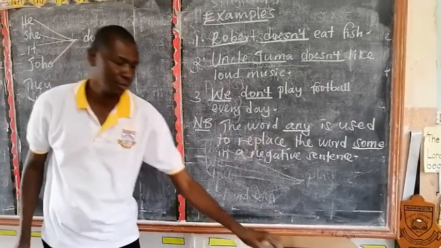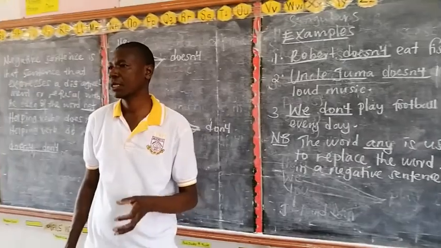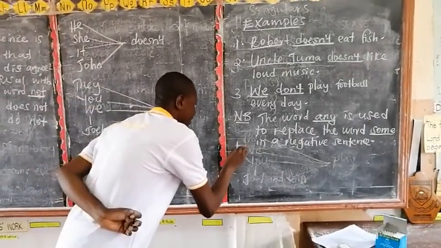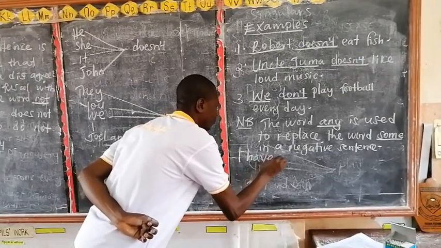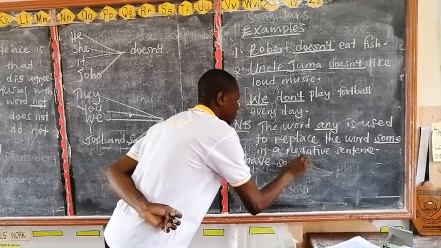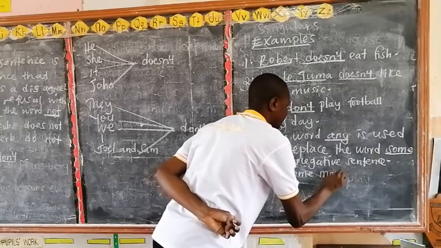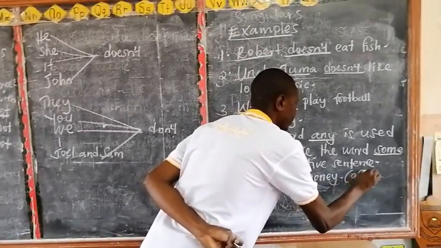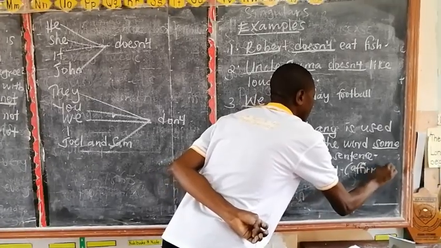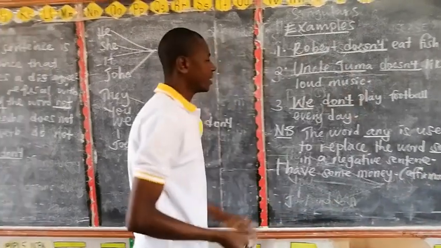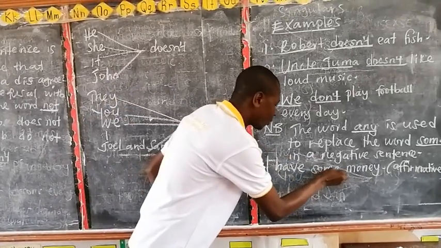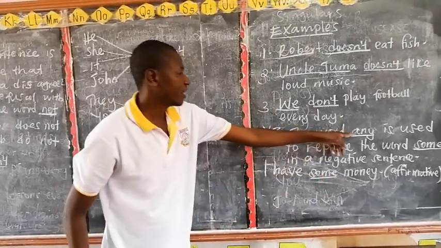For example, someone can bring a sentence, I have some money. So this one is affirmative or positive. Now, if they tell you to change this sentence into negative, make sure this word some changes to the word any.